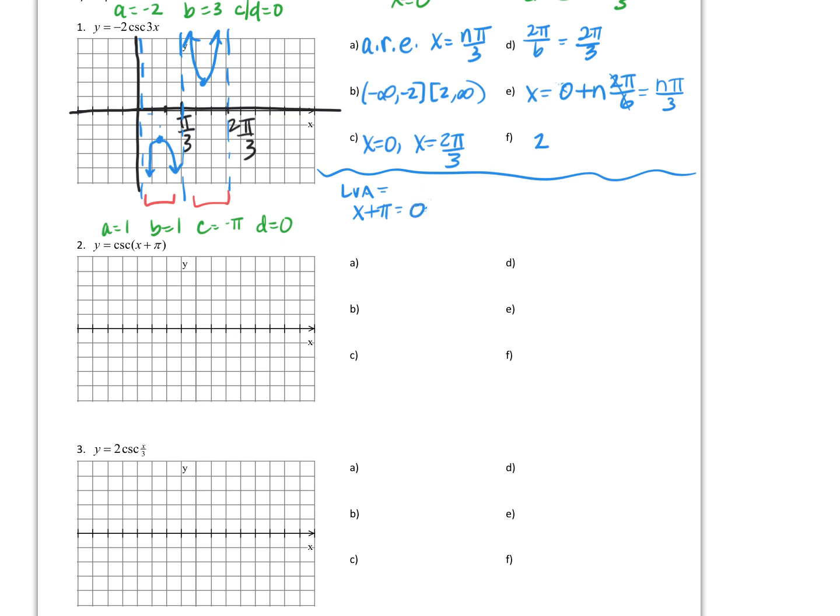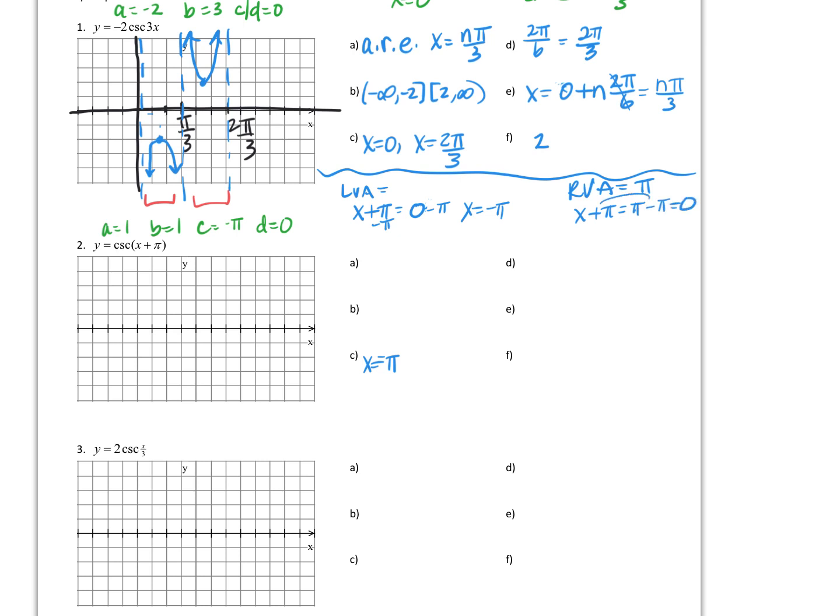With cosecant, it's 0. So if I subtract pi, I have x equals -pi. So that's where we're going to start this guy. And my right vertical asymptote is at pi. So I would do x plus pi equals pi, but when I subtract that pi, I get 0.